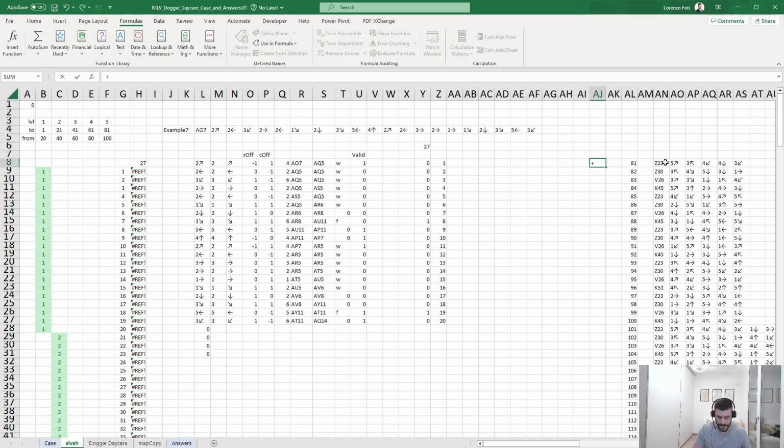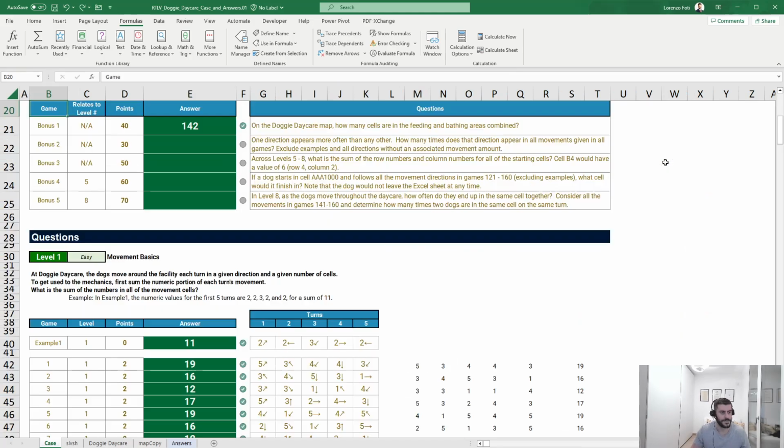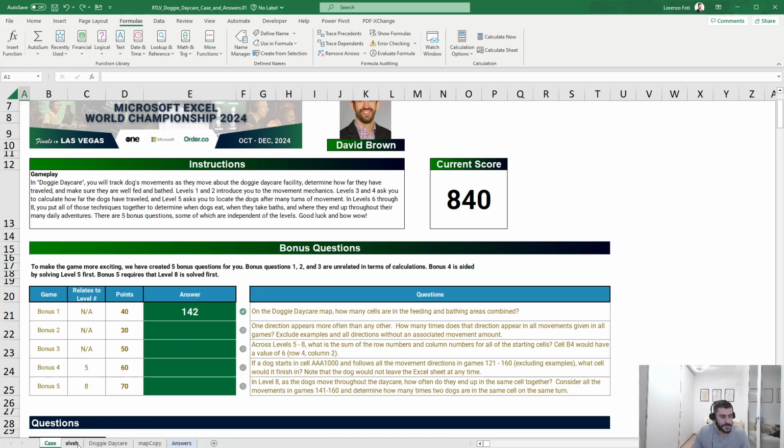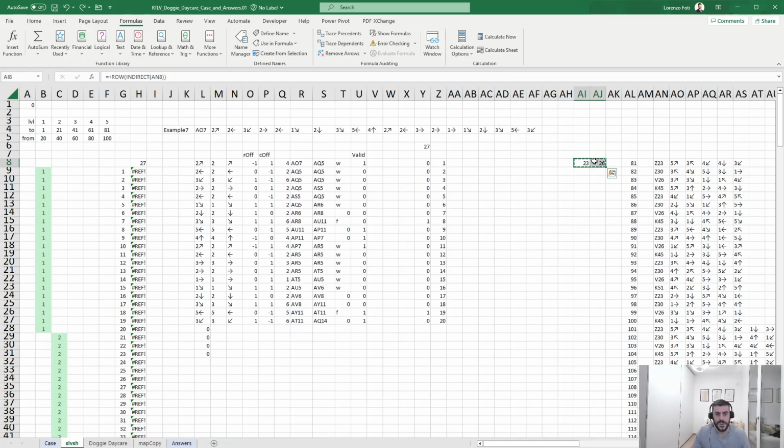And then it's just a matter of saying COLUMN of INDIRECT of this, and ROW of INDIRECT of this. If that was before, it was 6. Yes, so it matches the example.